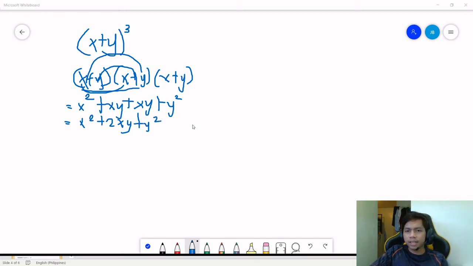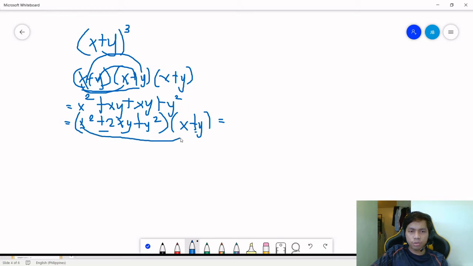The next step is to multiply it with x plus y. Sorry, it is not a sum of two cubes because all of them are positive. My bad.